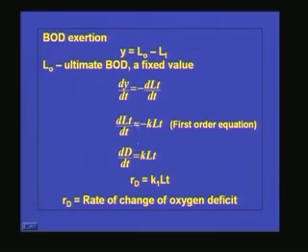And this dy by dt is nothing but minus dd by dt. So we can write dd by dt is equal to k into LT, or this dd by dt term we can replace by RD, where RD is rate of change of oxygen deficit, equal to k1 into LT. That means it is equal to a constant into whatever organic matter is left over in the system.